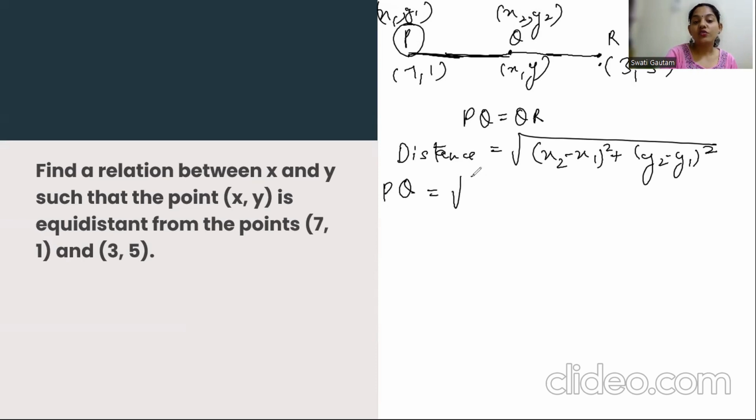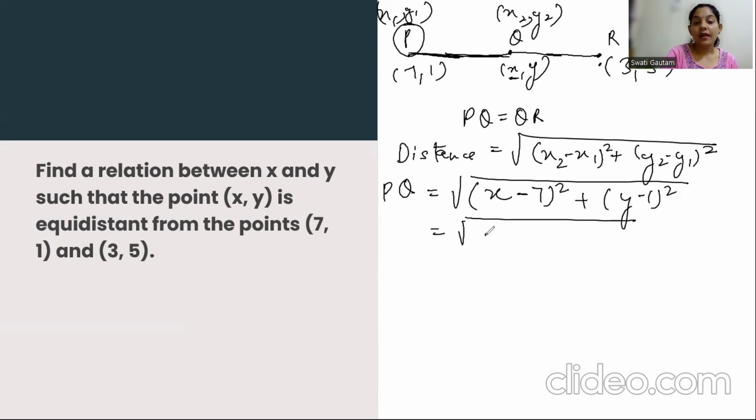So PQ is equal to the square root of (x minus 7) whole square plus (y minus 1) whole square, since x2 is x only because x is here, and x1 is 7. I have just written it like this and I'm leaving it here right now.